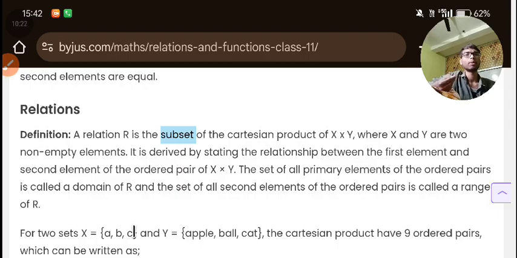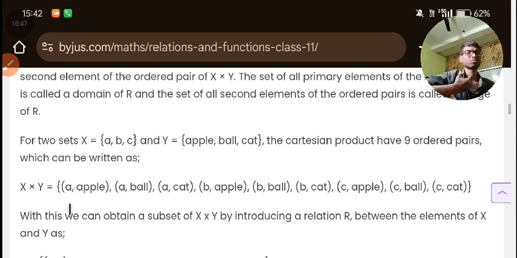It is derived by stating the relationship between the first element and the second element of the ordered pair in x multiplied by y. The set of all first elements of the ordered pairs is called the domain of R, and the set of all second elements of the ordered pairs is called the range of R. We will see.